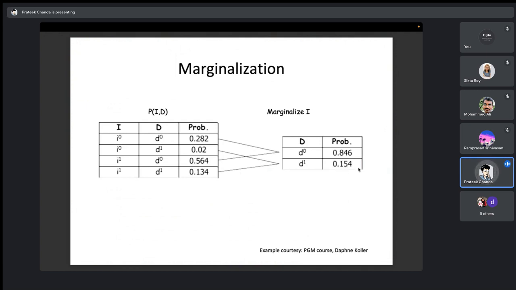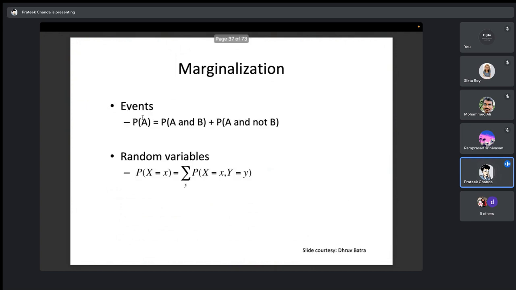So marginalizing I means that for D0 I am summing the I0 and I1 values, and for D1 also I am summing the I0 and I1 values. So the marginalized I is the summation over all possible values of I over this joint probability distribution.